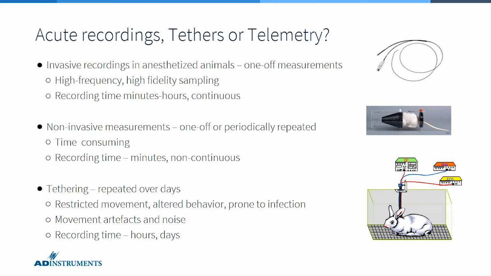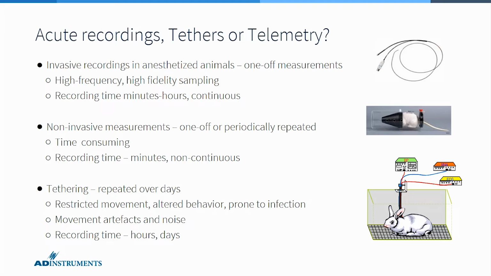So just to kick off the presentation a bit more, what are some of the alternatives to recording with telemetry? These can be broken down into acute recordings, the first of which I would consider the invasive recordings in anesthetized animals. These are one-off measurements, so you carry out your experiments maybe over the course of a day, and then at the end of the experiment, the animal's culled, and that's the end of the experiment.